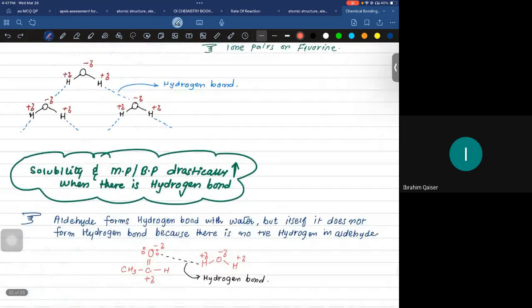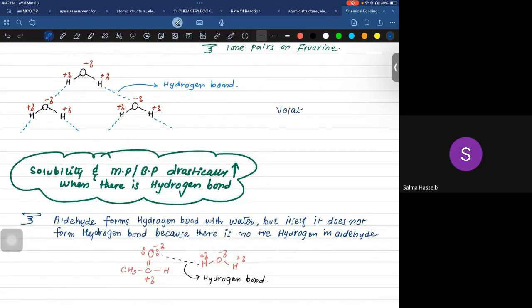Do you know the term volatility? Yes. It's how easily a liquid or substance is going to evaporate. Good. So hydrogen bond is the stronger intermolecular force.